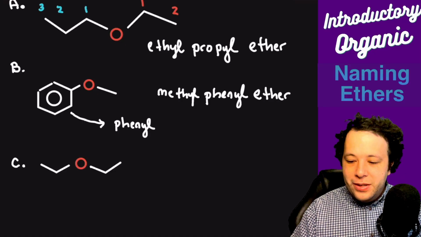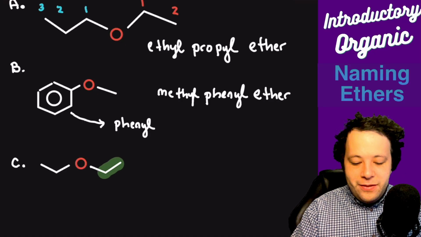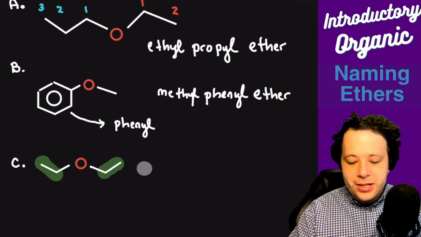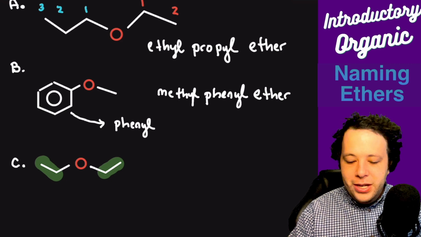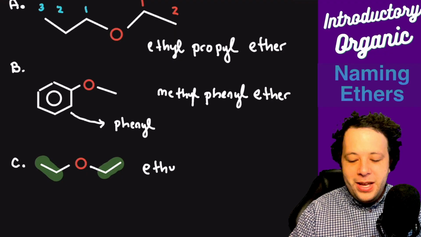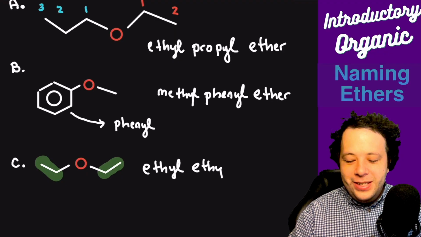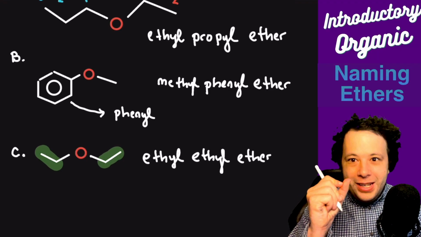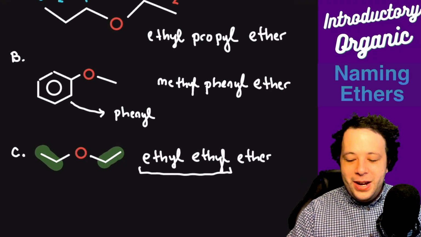And then the last one, okay, we do the same thing. We have our 2 branches, which are identical to each other. So if we were to write them, it would look like this first: ethyl ethyl ether, which sounds a little silly. So what you can do is combine them together just like you would do for any branch.